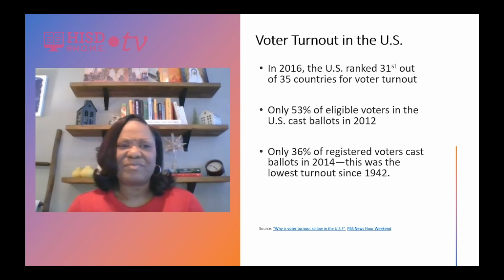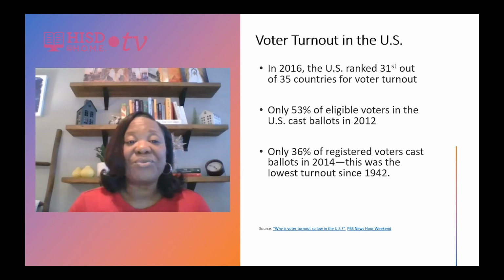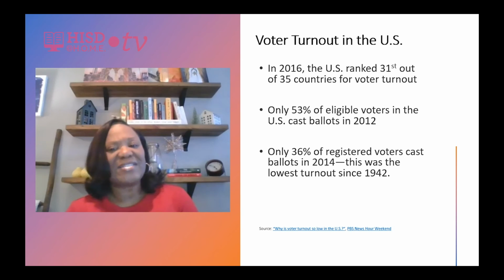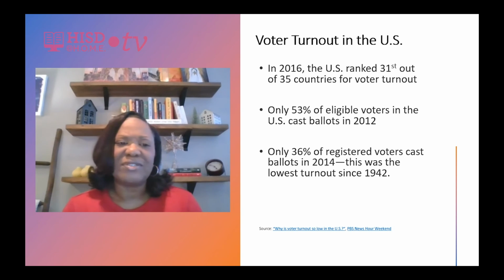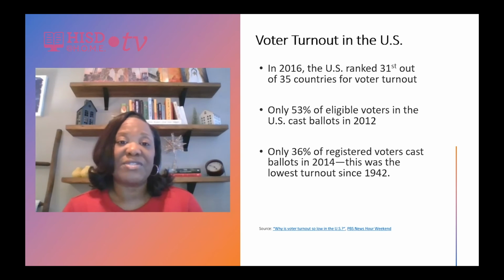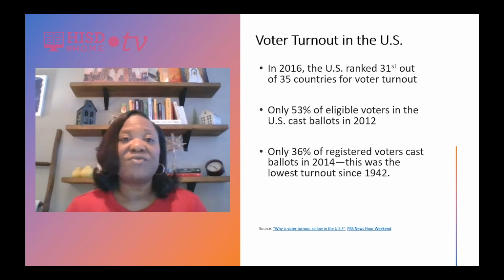Why is that? Only 53% of eligible voters in the US cast ballots in 2012. Only 36% of registered voters cast ballots in 2014. This was the lowest turnout since 1942.